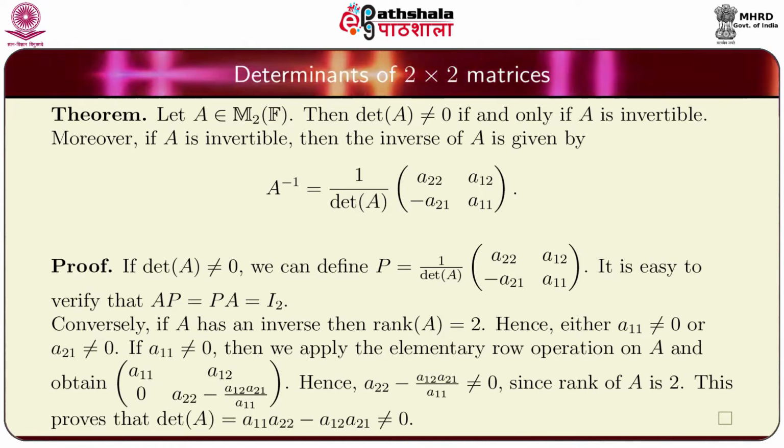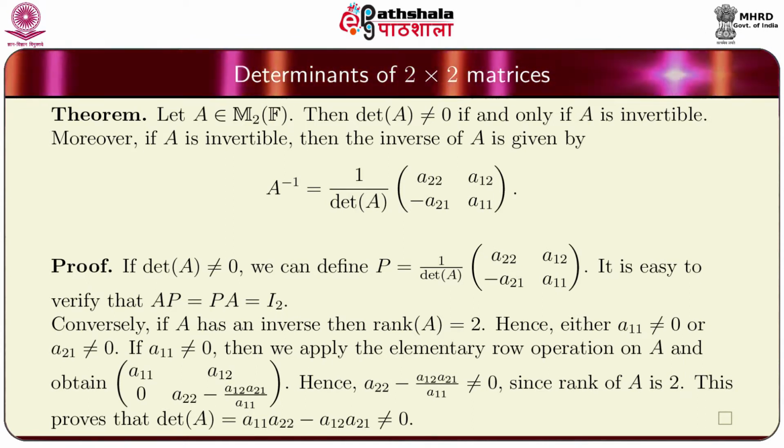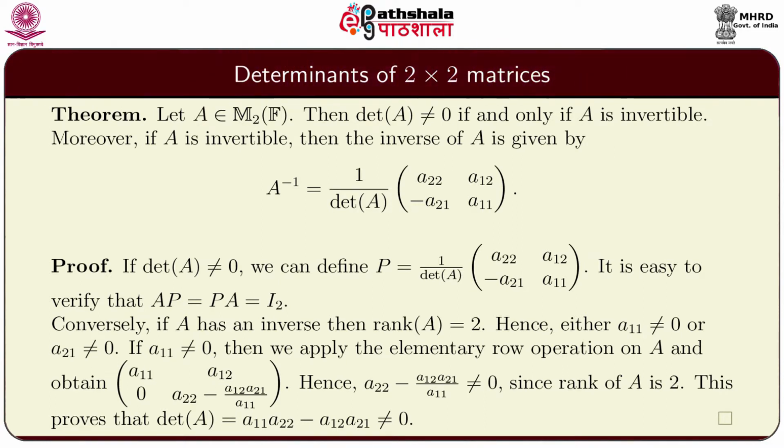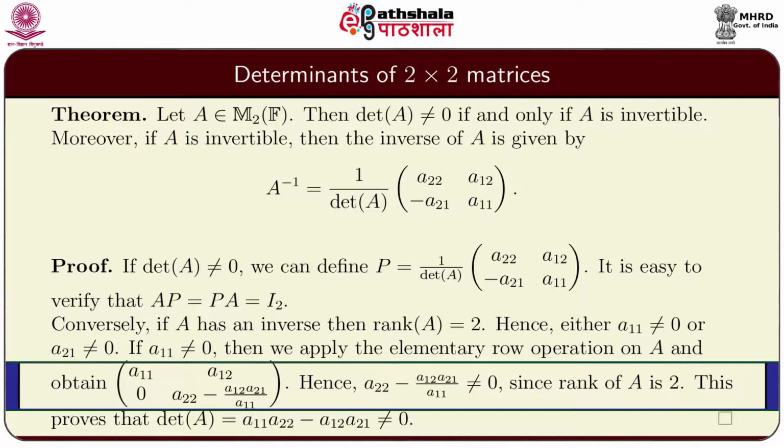If A11 is not 0, then we apply the elementary row operation on A and reduce it to the form where the first row is A11, A12 and the second row is 0 and then A22 minus A12 A21 by A11. Therefore, A22 minus A12 A21 by A11 is not 0, because we know that the rank of A is 2.